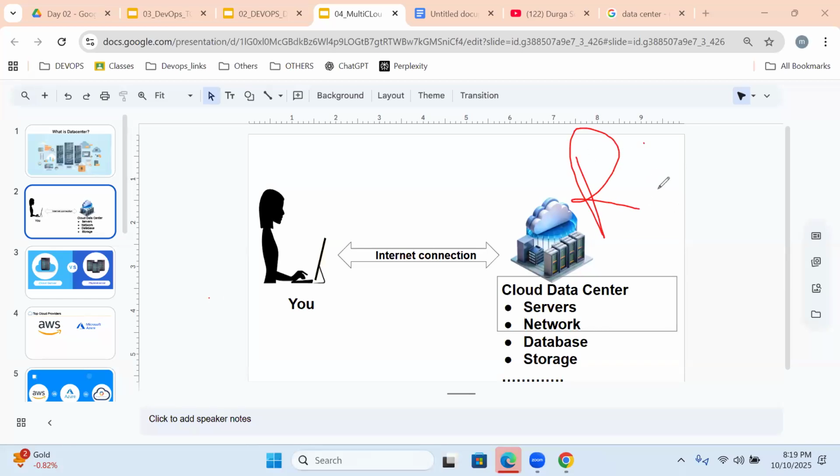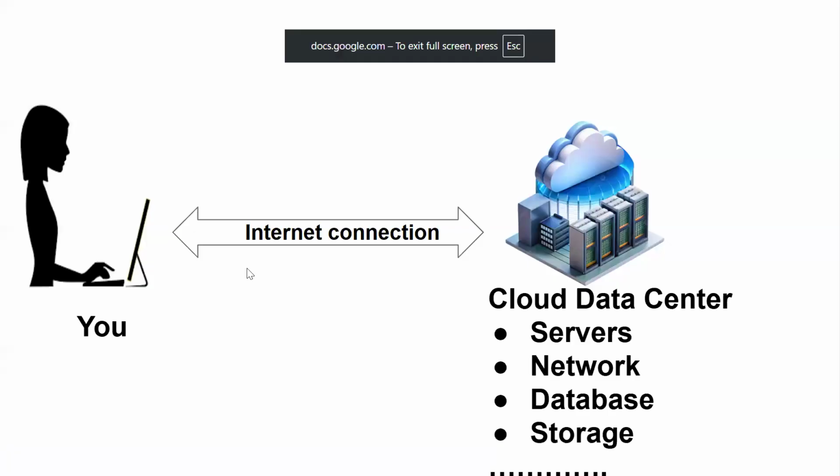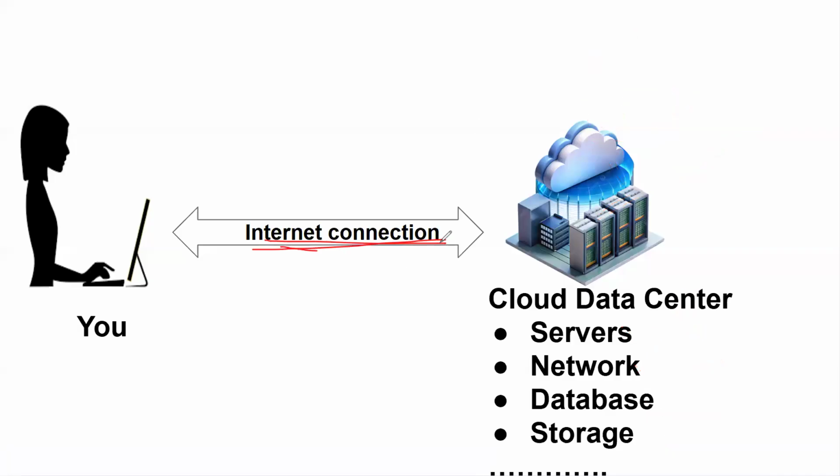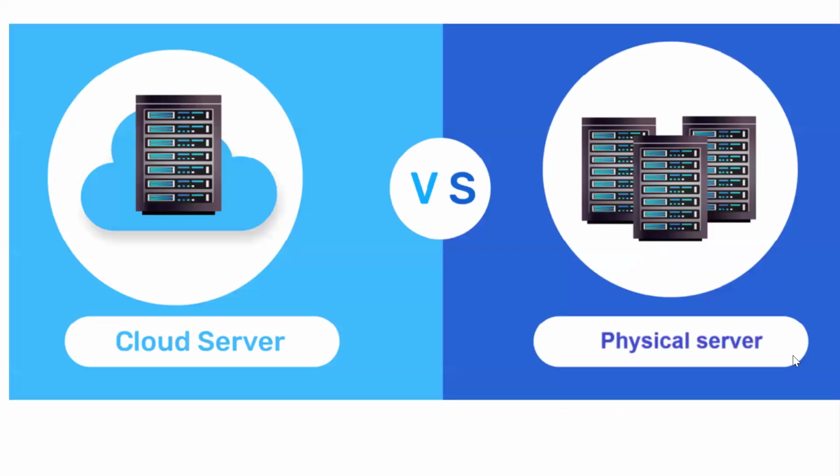The remote placed resources such as servers, network, database, storage, whatever infrastructure is required, if we can access over the internet from your laptop, that is cloud computing. But any cloud is a rental-based infrastructure.